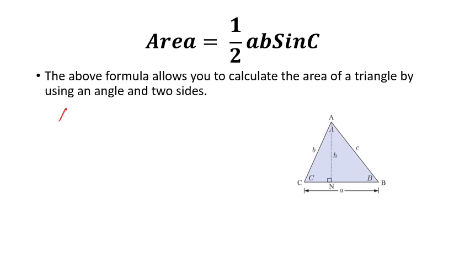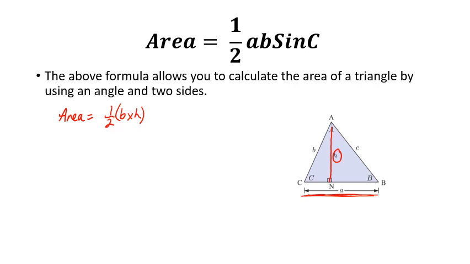Normally you would say the area of a triangle is half the base times height. Now in this particular diagram, you can see that our base of this triangle is actually a, and our perpendicular height is h.